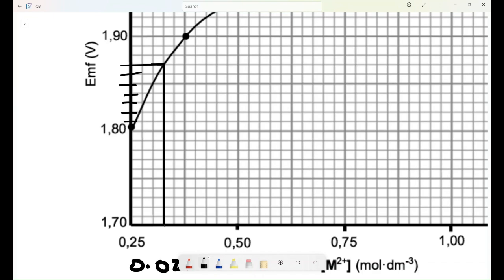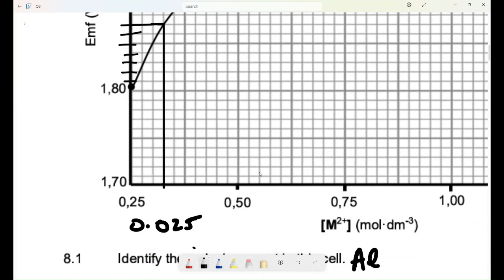Now I want to read off what this value is. Remember I said the division is 0.025. So 0.25 plus 0.025 is 0.275. Then here it is 0.3. Then here it is 0.325. You can take your calculator and add 0.025 each time.